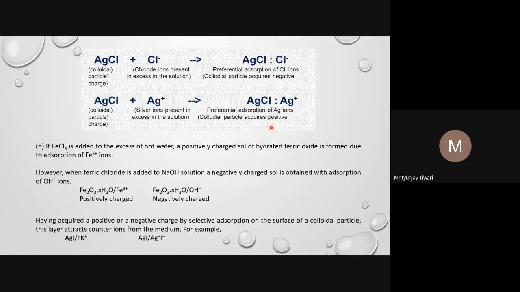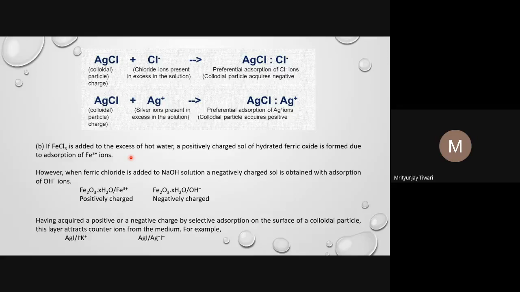If you look at another example, FeCl3 when it is added to excess hot water forms Fe(OH)3, which we also call hydrated ferric oxide colloidal particles. When added to hot water, it forms hydroxide, but these OH- ions are very few in amount at neutral pH in the form of water, so these OH- ions are not in excess.